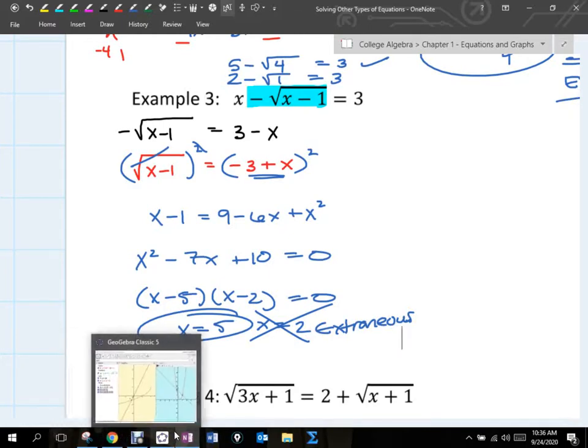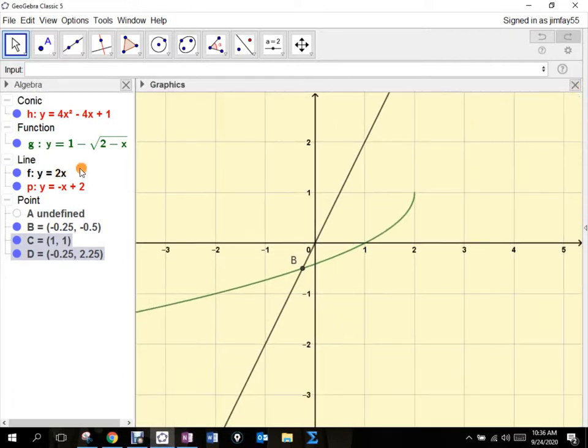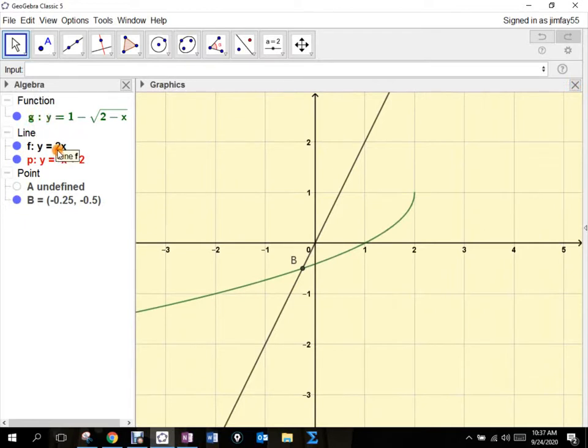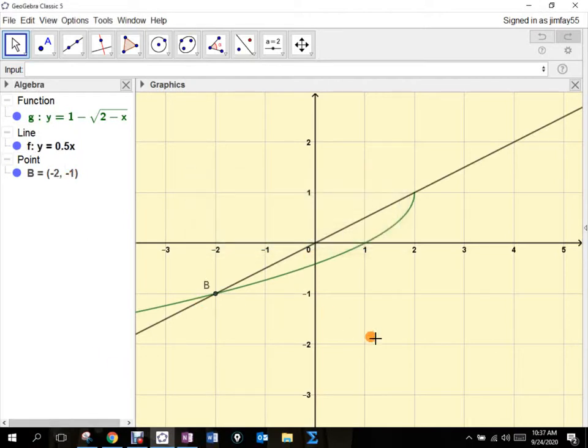Let me see if I can create a situation here with just this first question. Let's say that I had, get rid of that. All right, so this was that first example we went through. If this 2x would have been something else instead of 2x, let's say that it was 1/2 x, how many times does that intersect?